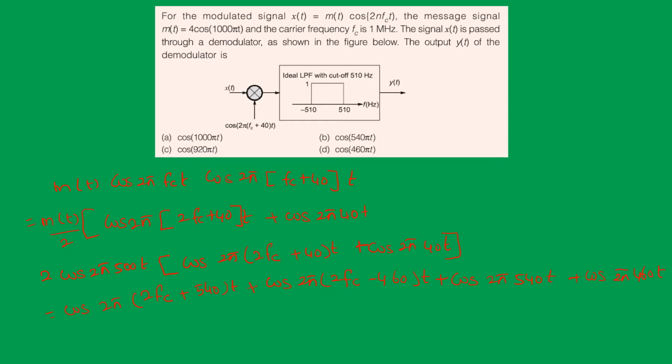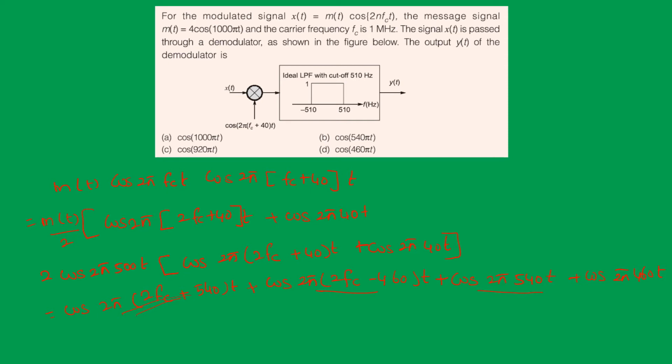The output of the low pass filter is our required output. The filter has the cutoff frequency of 510, so the signal having a frequency less than 510 will pass through the filter. Here fc is 1 megahertz, so the first term will not pass, this term will not pass, and this term will not pass.